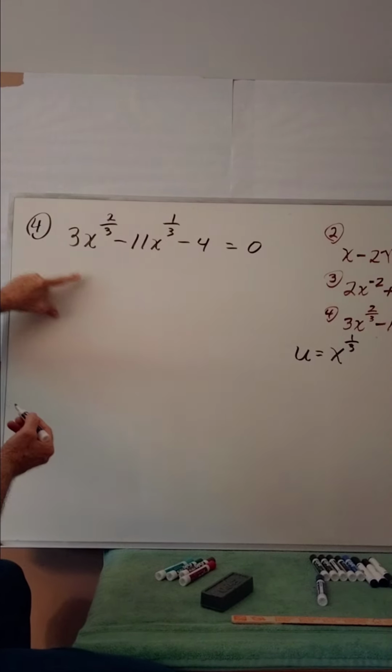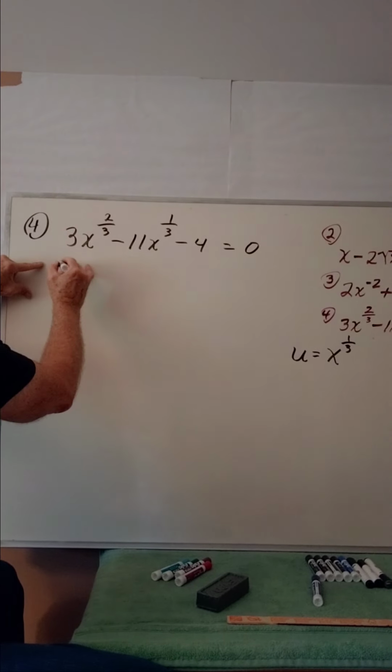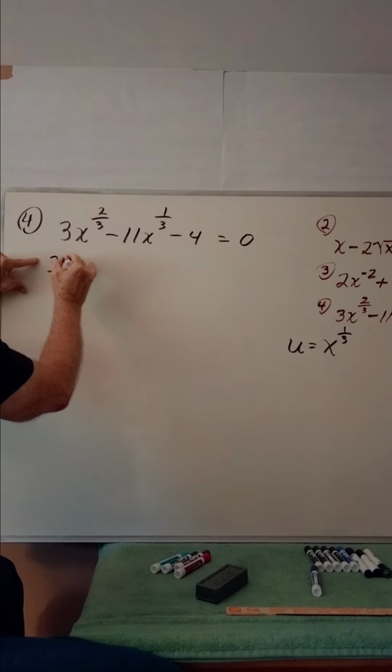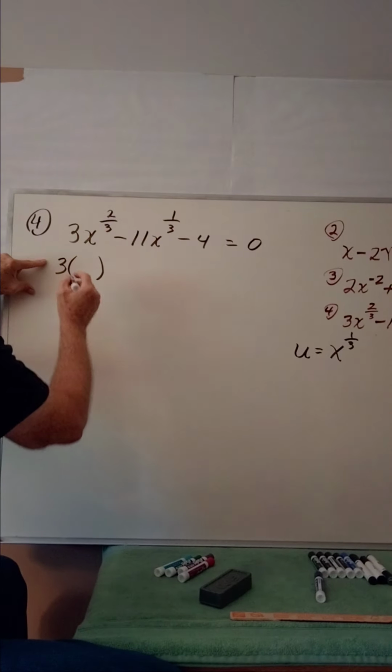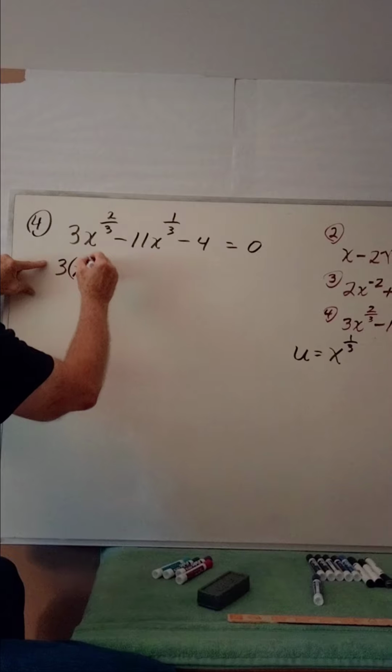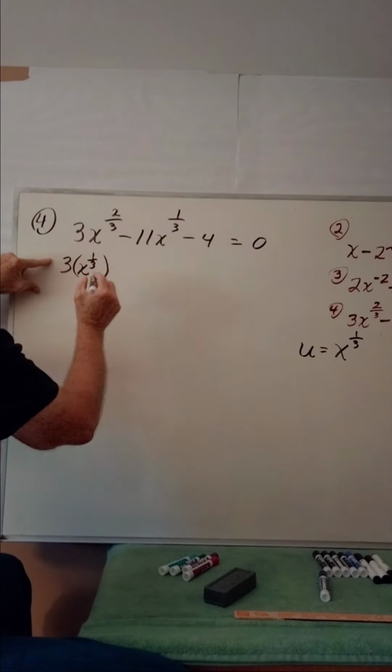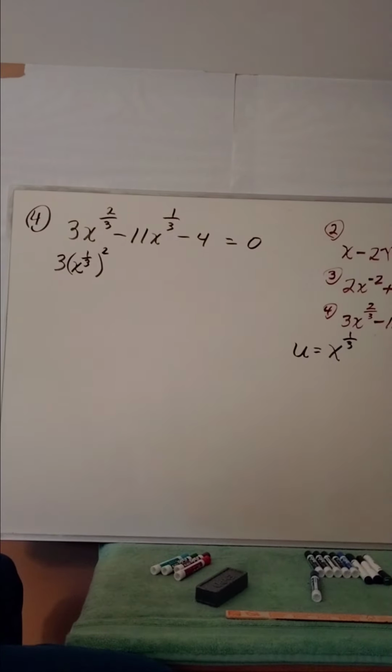Now we'll come over here, bring down that coefficient of 3, put a house, substitute x to the 1/3 in here, to the second.